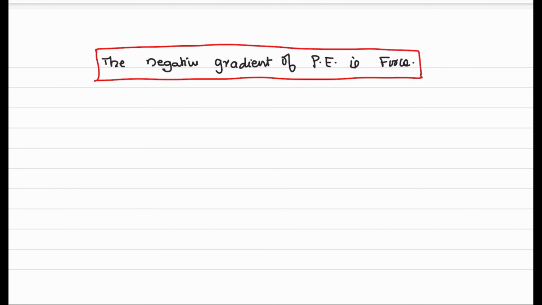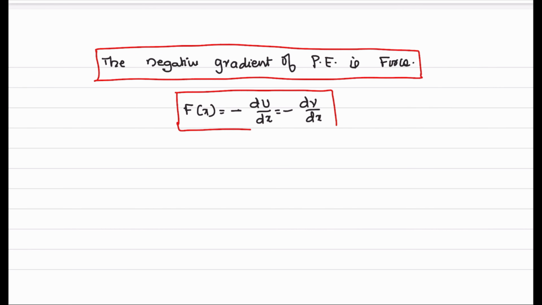Because Fx is equal to minus dU by dx, that is equal to minus dV by dx, according to the symbol you use for potential energy.